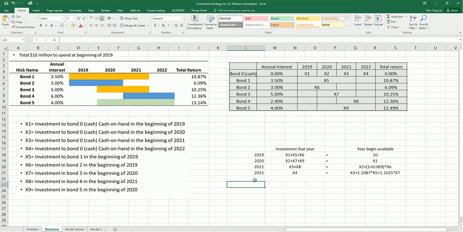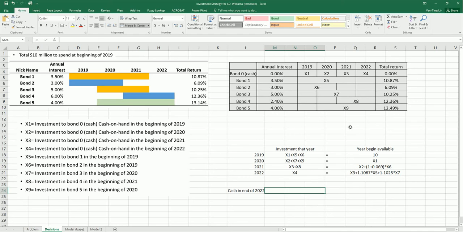Our goal is to maximize the total cash at the end of 2022. Okay, so how much money would we have by the end of 2022?